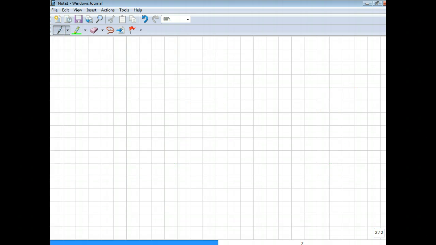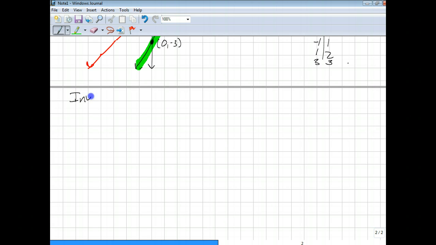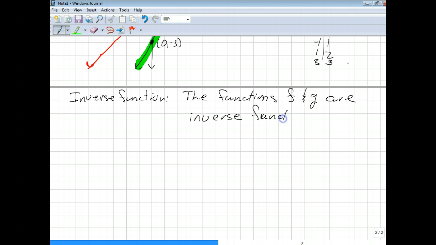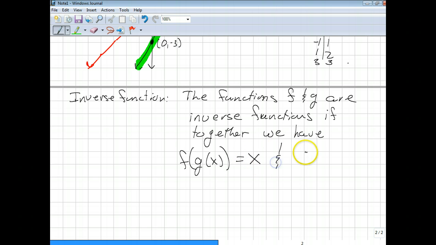By the definition of inverse, we say the functions f and g are inverse functions if together we have f of g of x, so this composite, equals x, and g of f of x equals x.